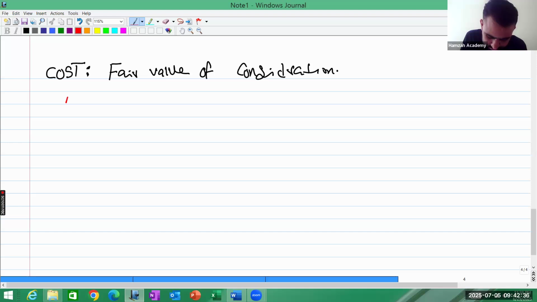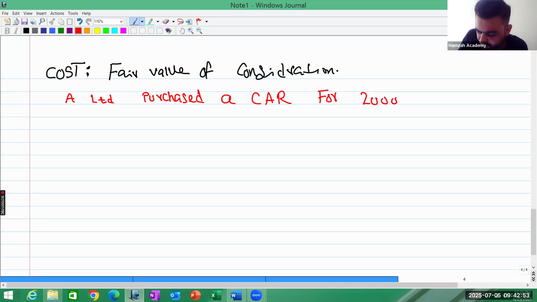For example, A Limited purchased a car for $20,000 cash.